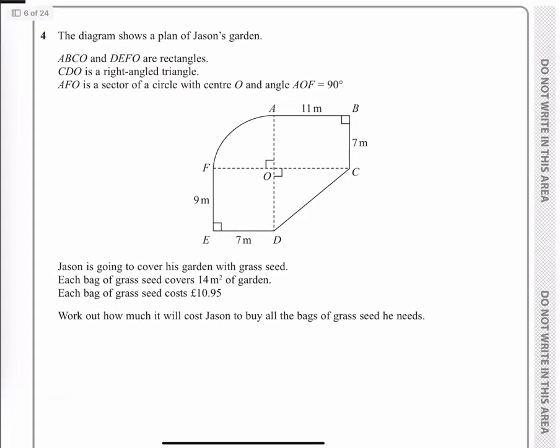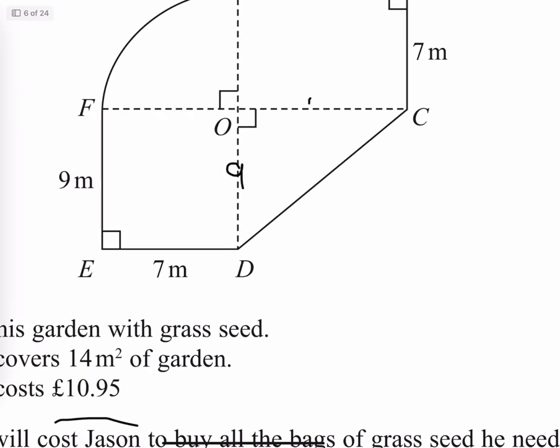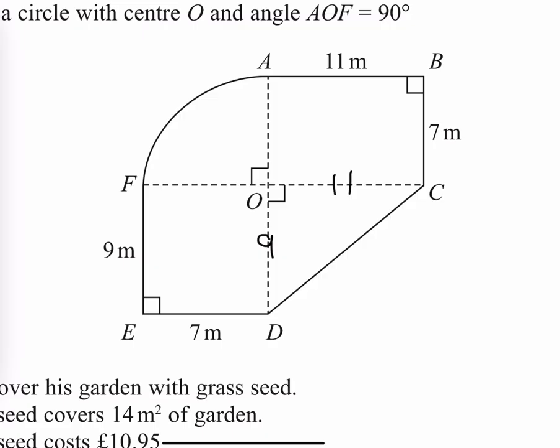Here's a plan of Jason's garden. Jason is going to cover his garden with grass seed. Okay, so what's the area? And then we need to times it by this. This question is just hassle, isn't it? So this is 9 and that's 11. And this is 7.